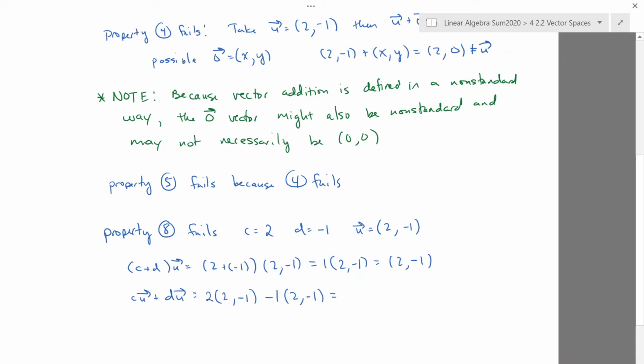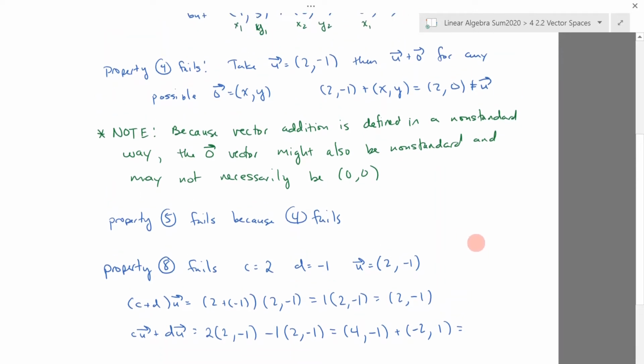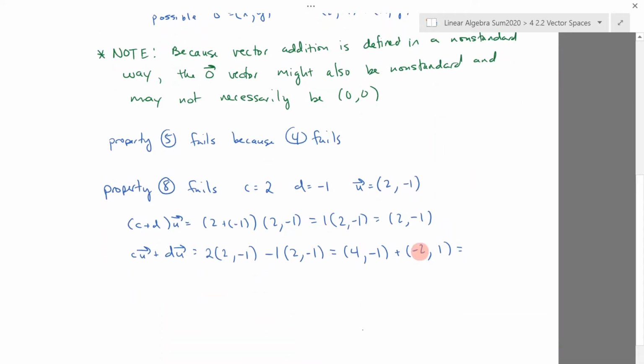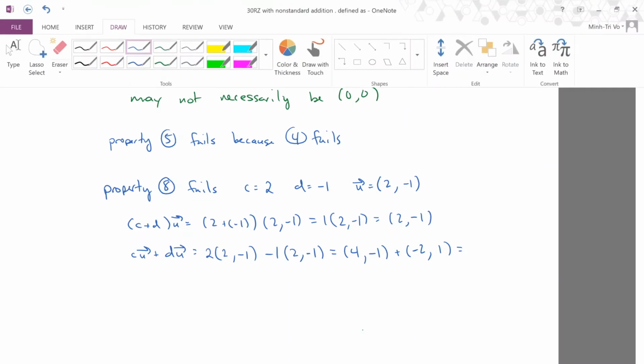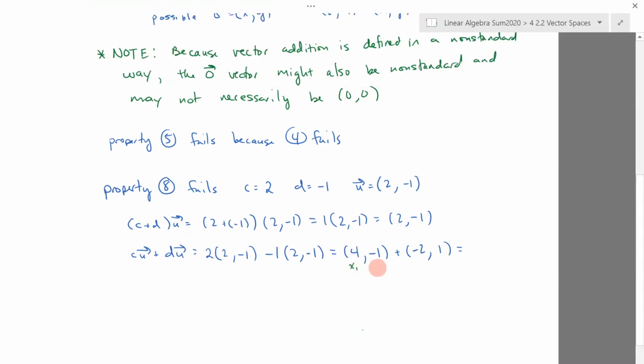So that's 4 comma -1 plus -2 comma 1. But you have to be careful, alright? What is the rule for vector addition? It's taking the first coordinate of the first vector, right? Because this is x1, this is y1, this is x2, this is y2.